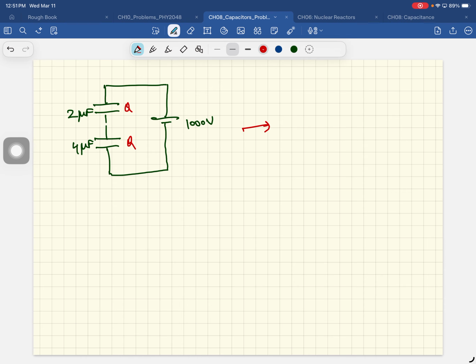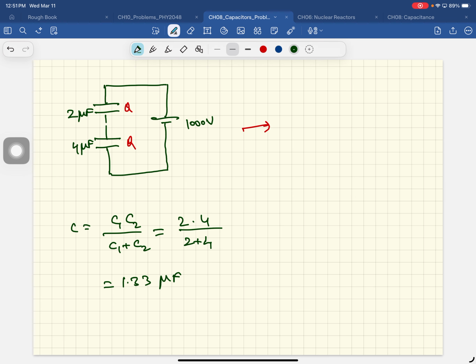So this reduces to a series combination. C is C1 C2 over C1 plus C2: 2 times 4 divided by 2 plus 4. That's 8 over 6, which is 1.33 microfarad.